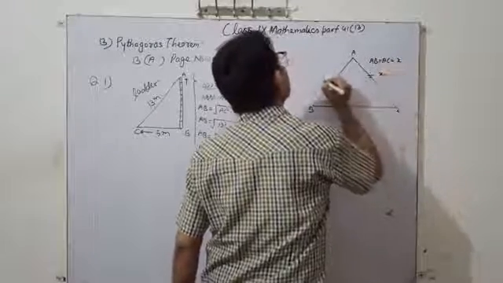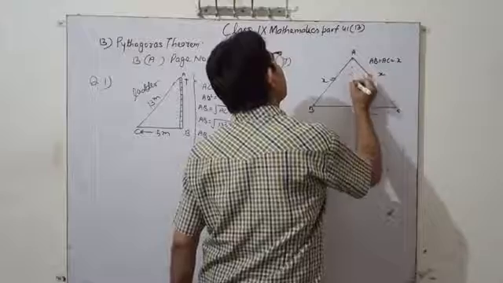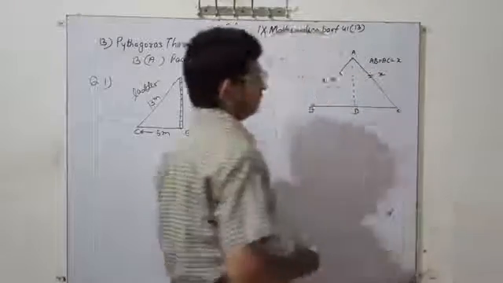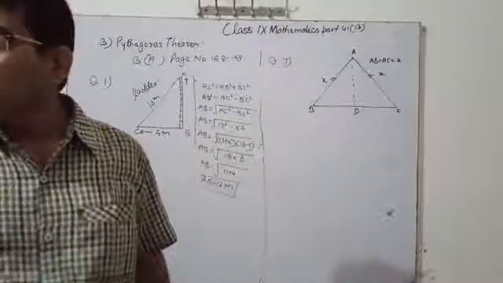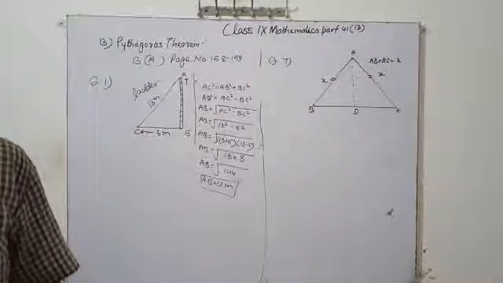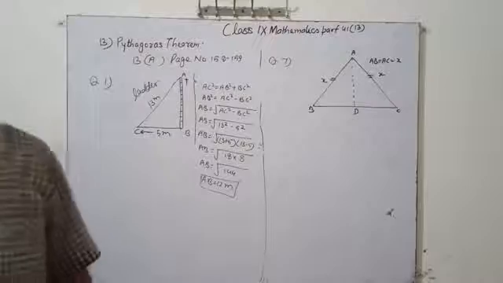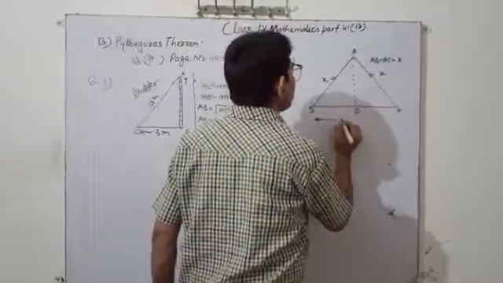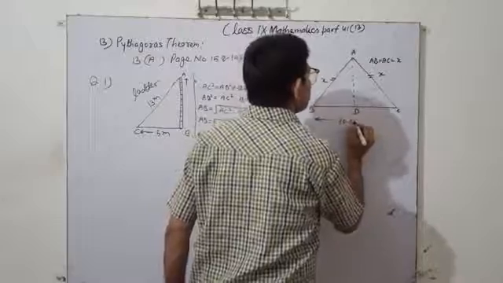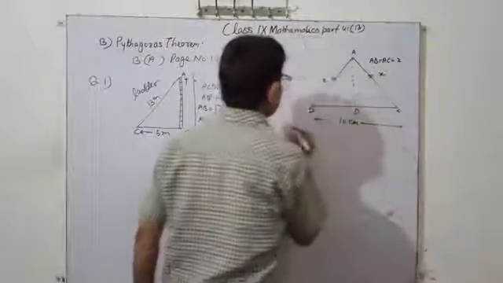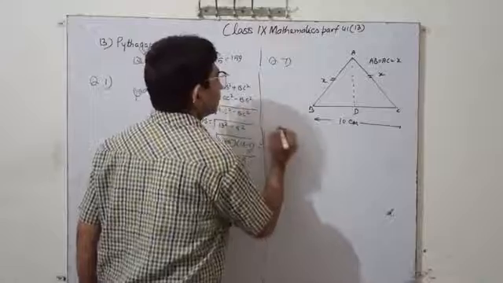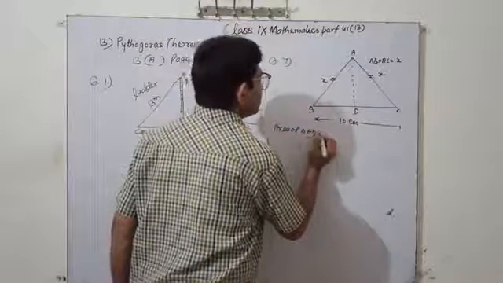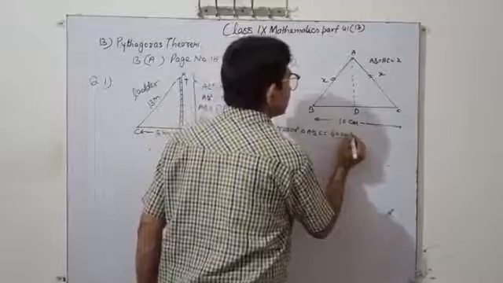Draw the perpendicular on BC, that is AD. Now here another thing is given: BC 10 centimeter, and area of triangle also given here. Area of triangle ABC given 60 centimeter square.